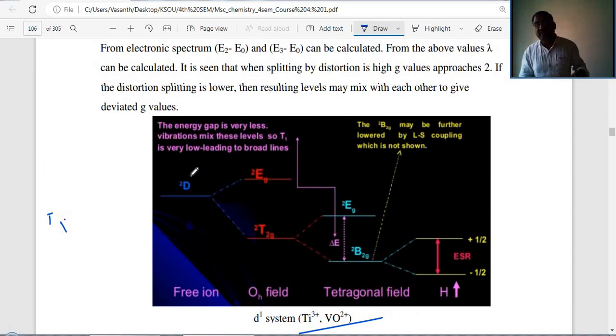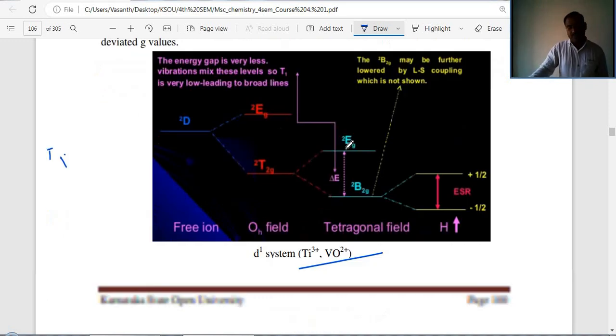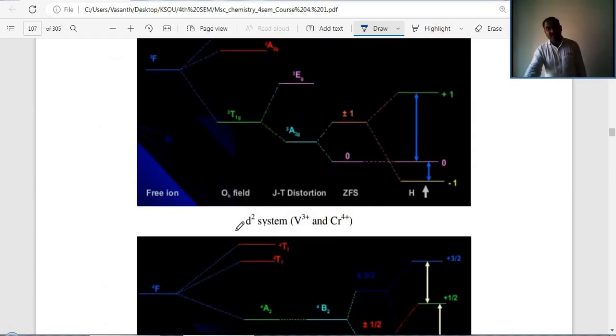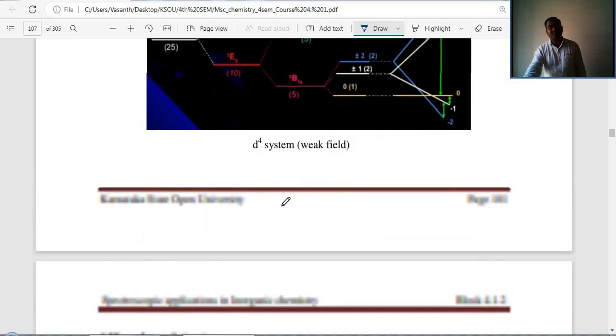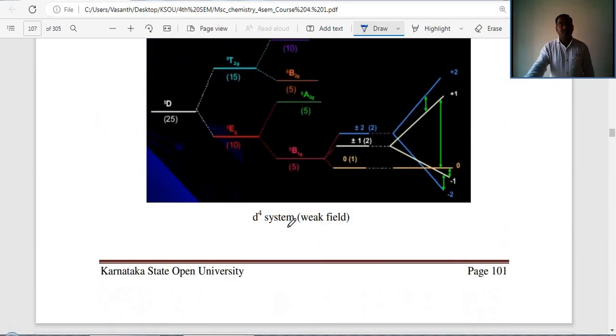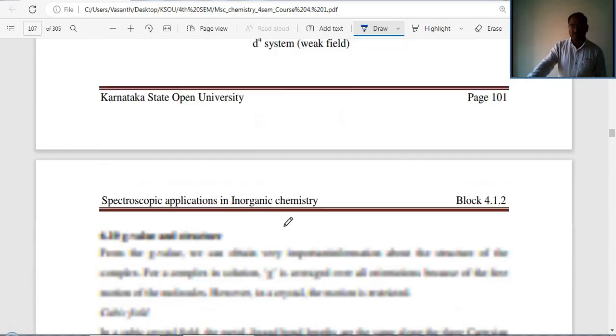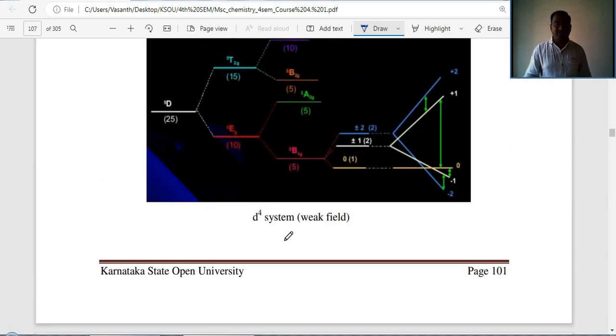Here also the energy gap is very small, vibration makes these levels so T1 is very low, leading to broad lines. Next we'll see the d2 system, d3 system, d4 system. That is what? Weak field.